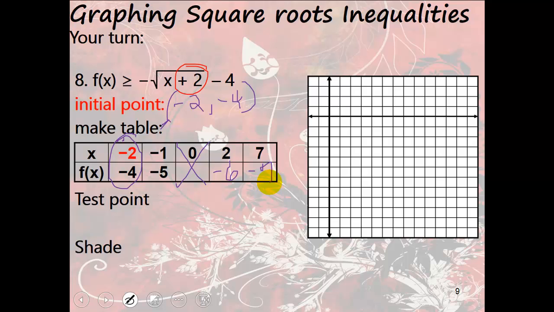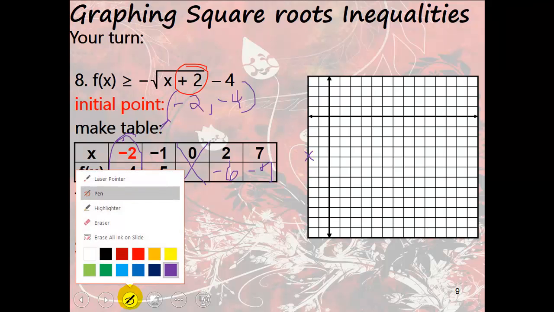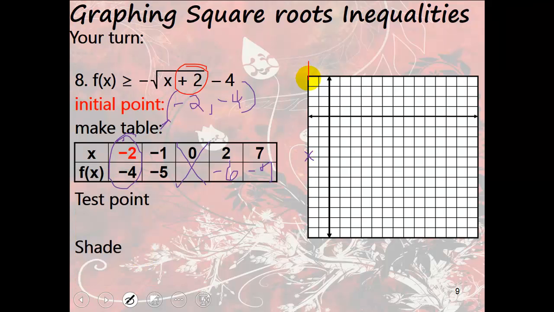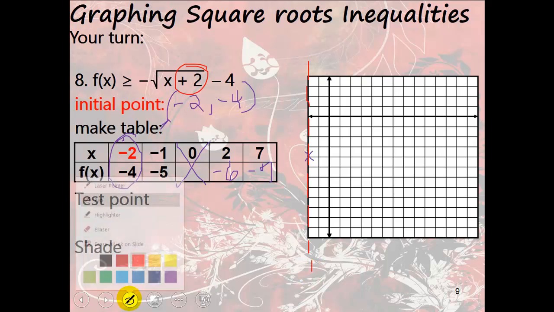1, 2, 3, 4. Okay, so here's, and then I'm going to switch my color because I'm going to draw a red line here because I can't go to the left of that red line. Otherwise, I get negative roots, and I can't have that in the realm that we're in here.